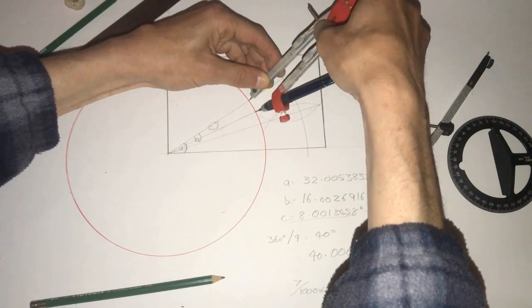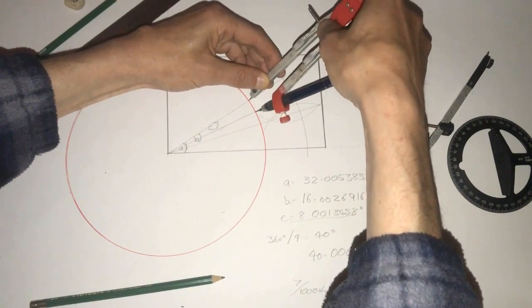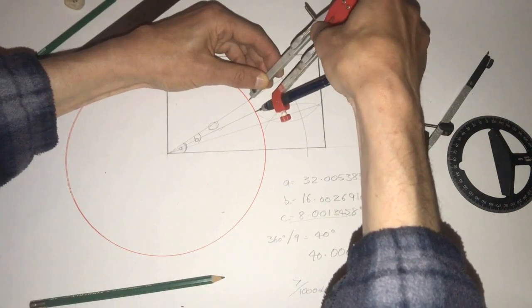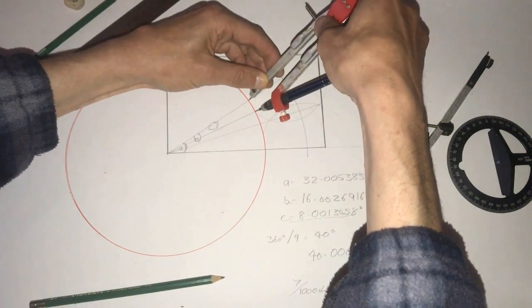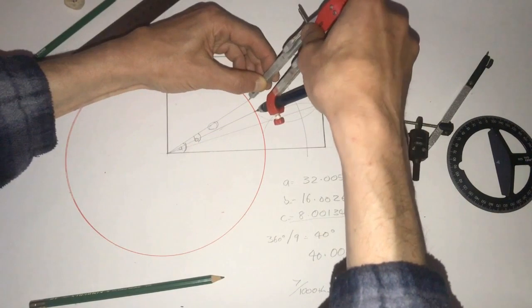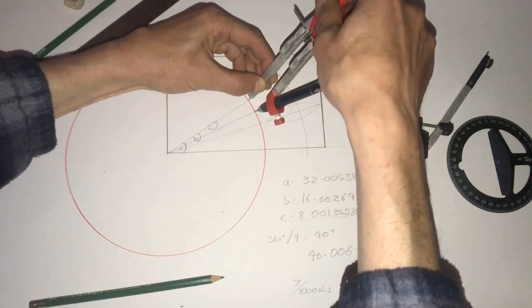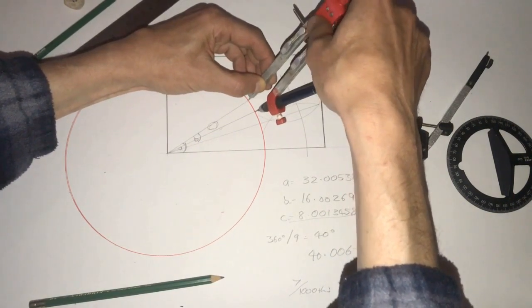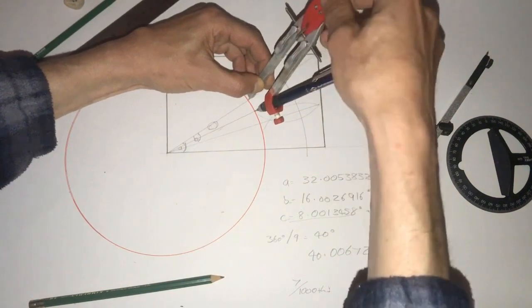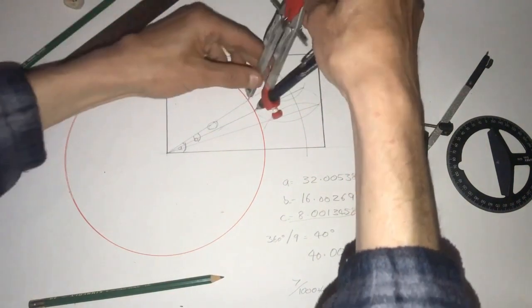And the problem with this compass and straight edge drawing is that any minor error grows every time you add to the construction, and again, to get within 7/1000ths of a degree is very, very hard.